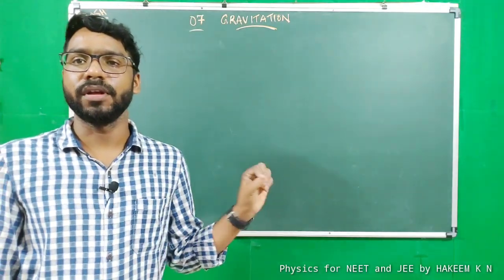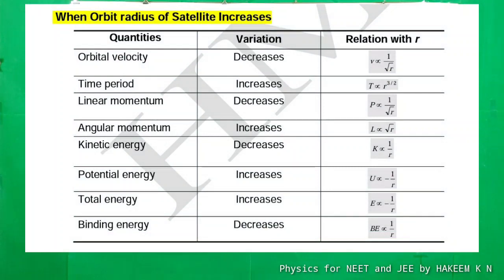You can see a table here. When orbit radius of satellite increases, orbital velocity decreases, time period increases, linear momentum, mass into velocity, increases, angular momentum increases because angular momentum is mvr, and kinetic energy decreases, potential energy increases, total energy increases, binding energy decreases because binding energy is magnitude of total energy for a satellite.